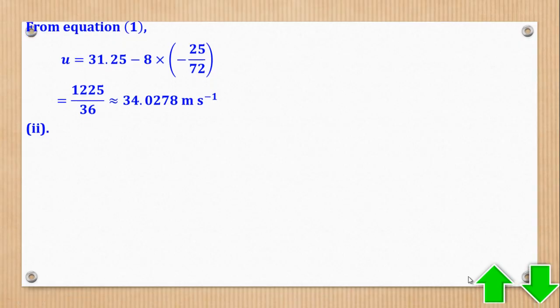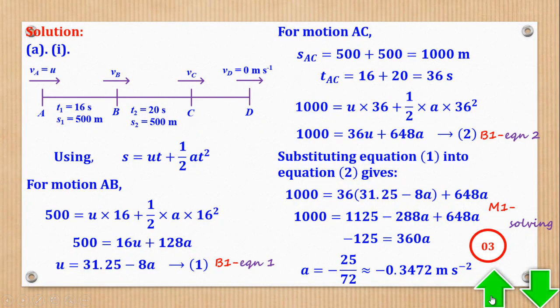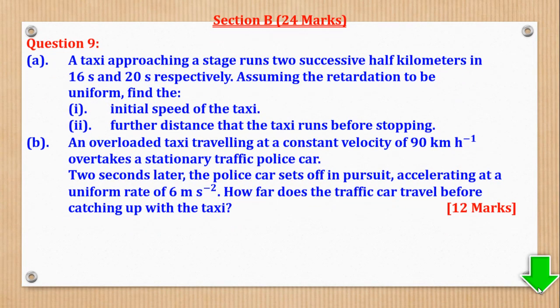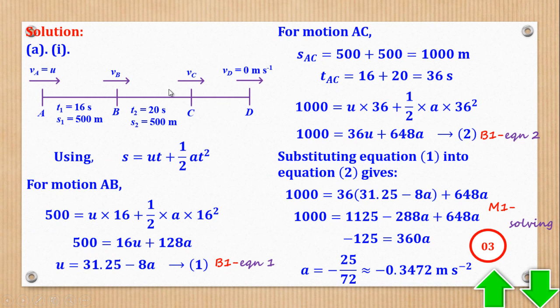Roman 2, they asked for the further distance that the taxi runs before stopping. Here, it means I'm still going to use distance. I'm still going to use motion AD.